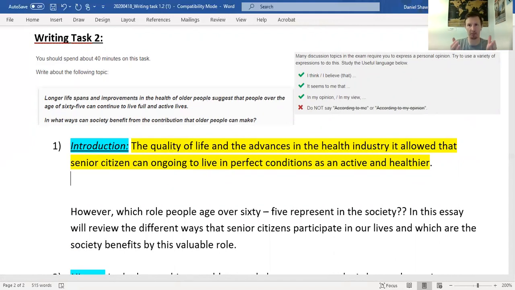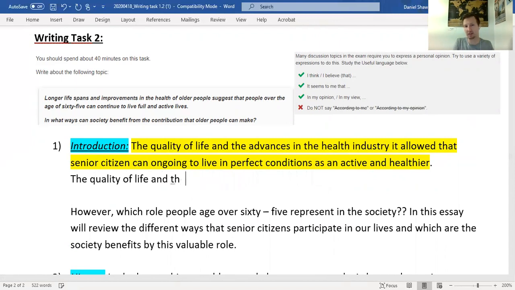So the first step is to rephrase the question for you to answer. So how can we do this? The quality of life and advances in the health industry. So we want to just change this a little.